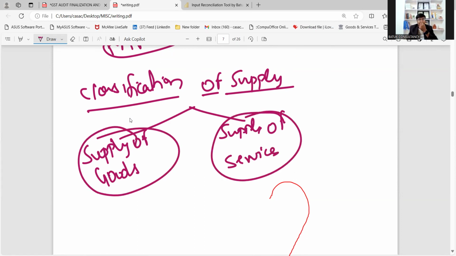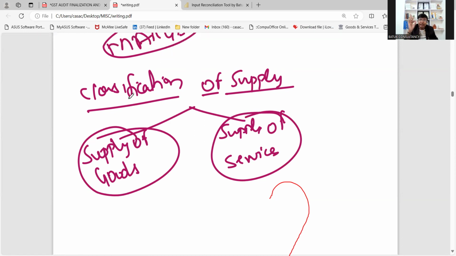You have to check that the person has made the proper classification related to supply of goods or supply of services. Now, you will say that suppose on supply of goods and supply of services, the rate of GST is applicable at the rate of 18% on that specific supply.